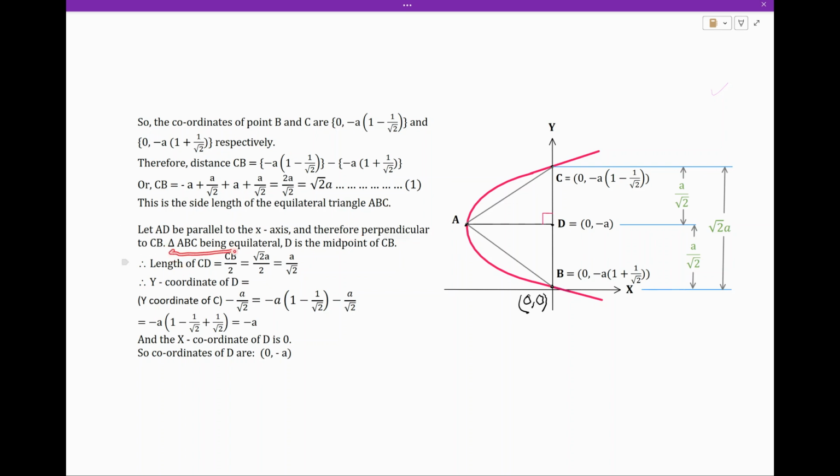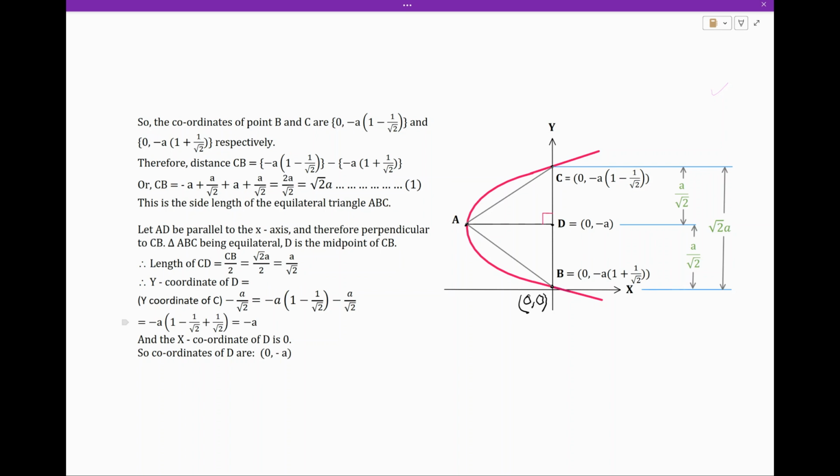Triangle ABC being equilateral, D is the midpoint of BC. Now the length of CD will be therefore half the length of BC, that is CB by 2, and that is equal to square root 2 multiplied by a divided by 2, and that is equal to a by square root of 2.